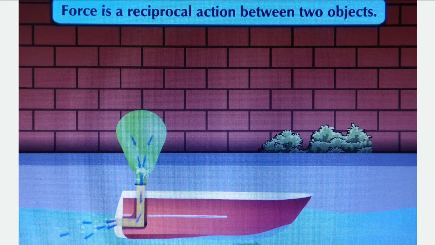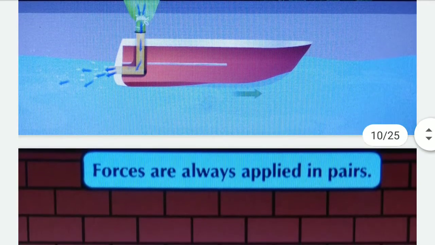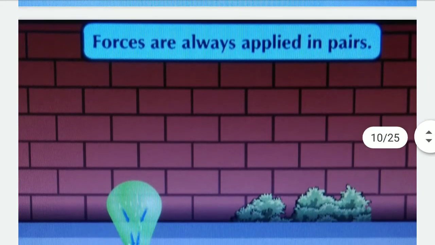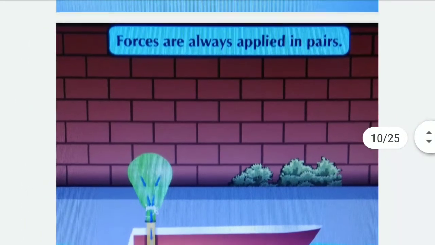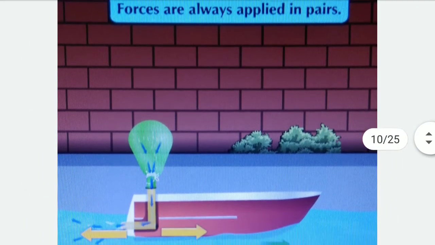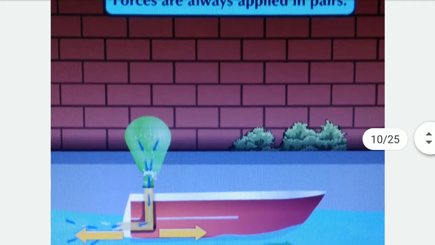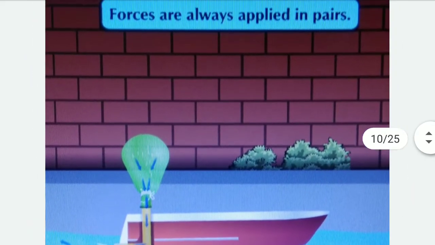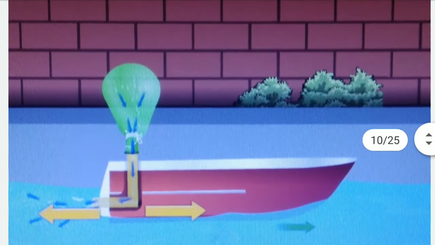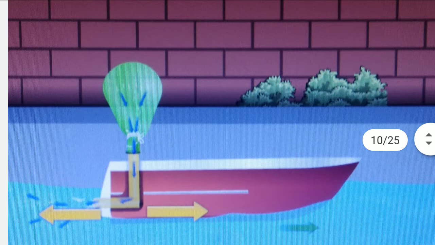When air comes out from the balloon, the boat moves in the forward direction. Forces are always applied in pairs. From these examples, we can observe that forces are always applied in pairs. Again, observe the figure.